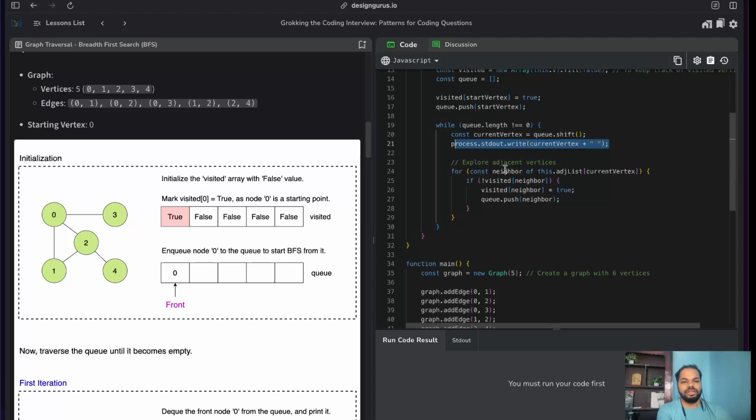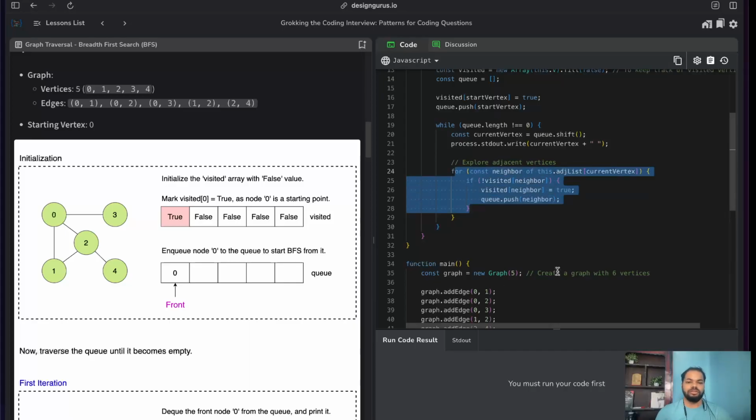Then for the neighbors of this adjacency list, we push them to the queue if not visited. We say visited neighbor equals true, q dot push neighbor. So we say they are visited already, and we mark them true. Visited means they were pushed to the queue, and in DFS visited means they were pushed to the stack.